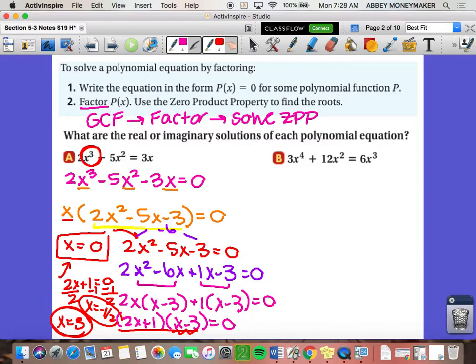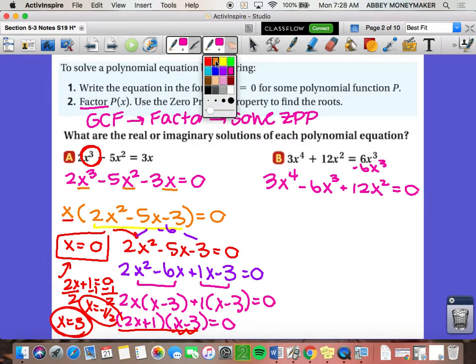We're going to do the same thing on part B. We have 3x to the 4th, and it's not equal to 0, so I need to subtract that 6x cubed over, and that would go after the 3x to the 4th, because remember, in standard form, we go from highest power to lowest power.